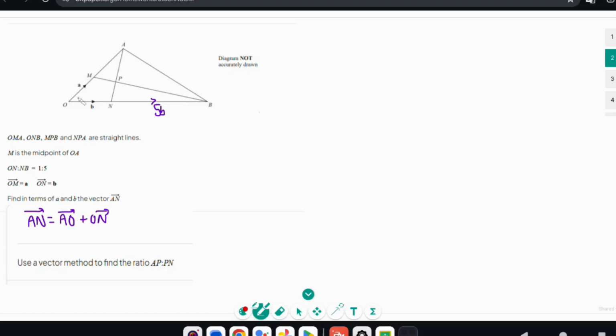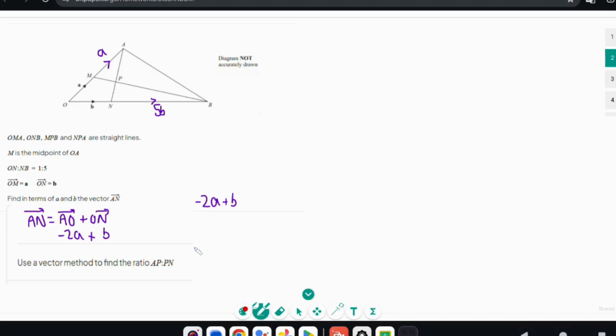M is the midpoint of OA, so if OM is a, MA is also a, which means AO is minus 2a. Plus ON is b, so negative 2a plus b. Use a vector method to find the ratio AP to PN.